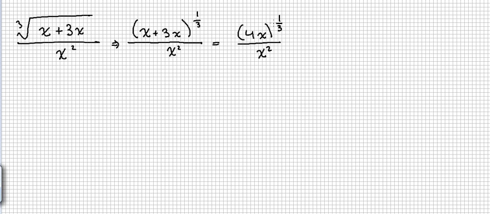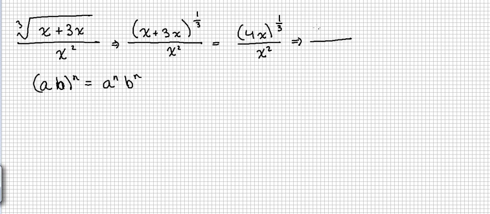Now, we know that if we have the rule a times b to the n is equal to a to the n times b to the n, we're going to use that over here.